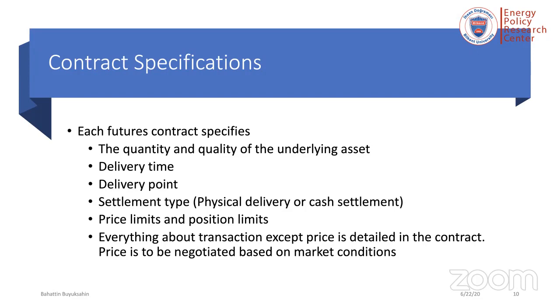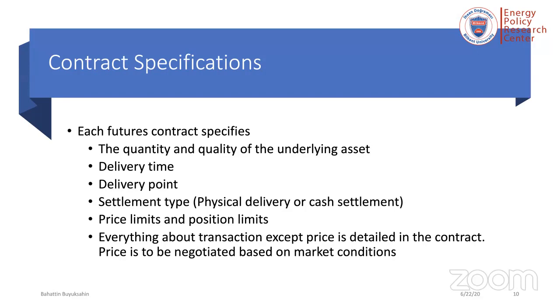When an exchange introduces a new contract, it has to specify in some detail the exact nature of the assets, the contract size, delivery points, delivery time, settlement type, whether it is physical delivery or cash settled, and price limits and position limits, and everything about the transaction except price, which is, of course, negotiated based on market conditions.